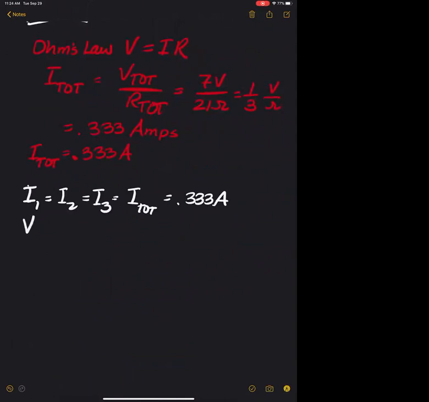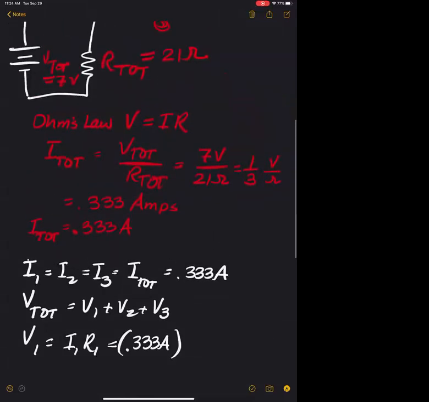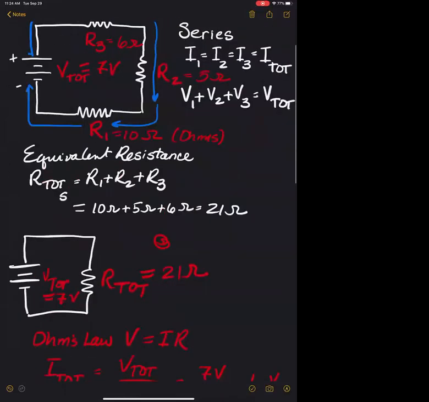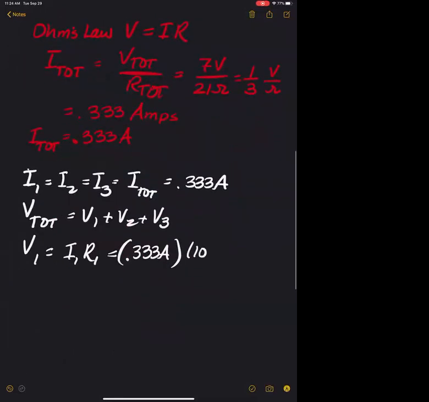V total is equal to V1 plus V2 plus V3. The way I find the individual voltages is I just use Ohm's law again. It's I1 times R1. I1 is 0.333 amps, and R1 is 10 ohms, so that's going to be 3.33 volts. Then V2 would be I2 R2.